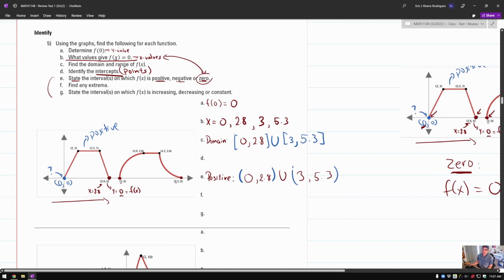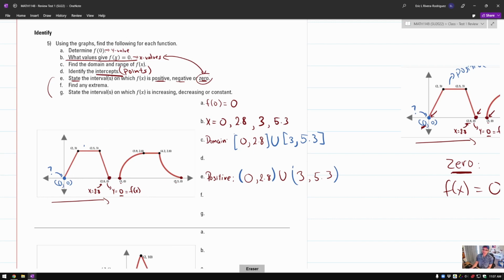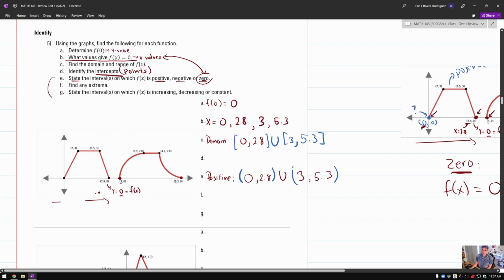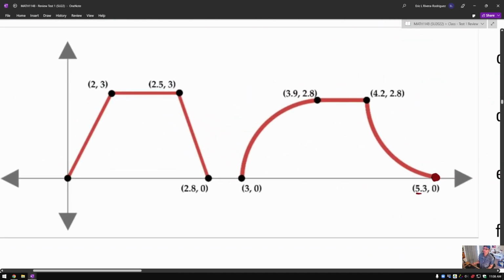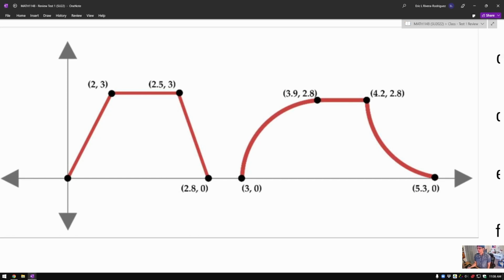So now let's find the extreme values. When we are talking about extreme values, I'm referring to the absolute values and to the local values. Take a moment. Tell me on the chat or just speak up. No, write on the chat.